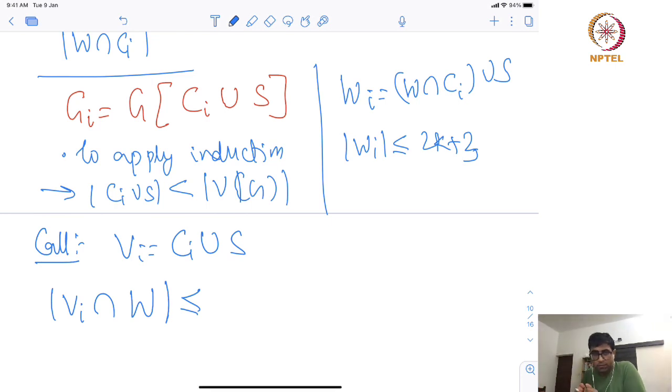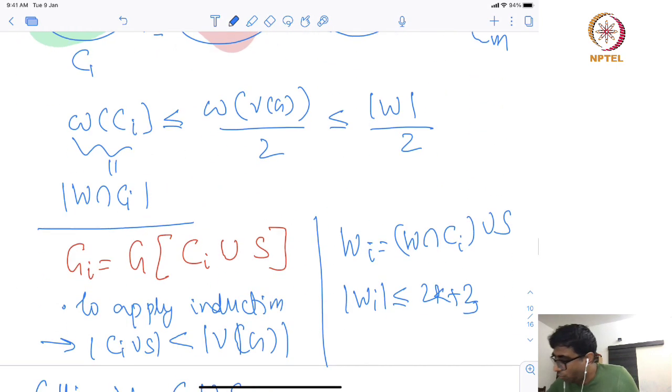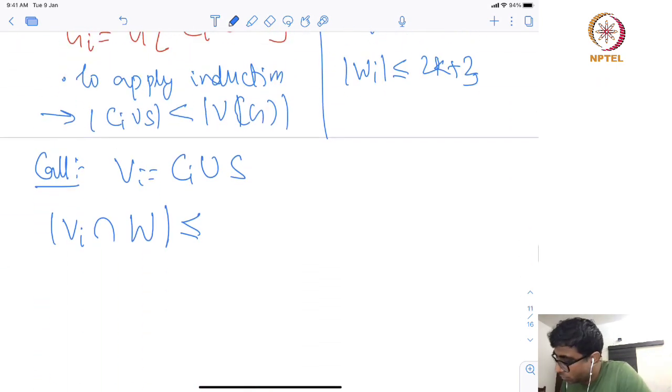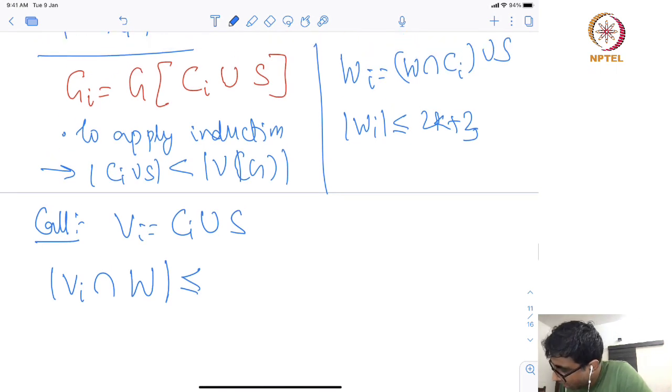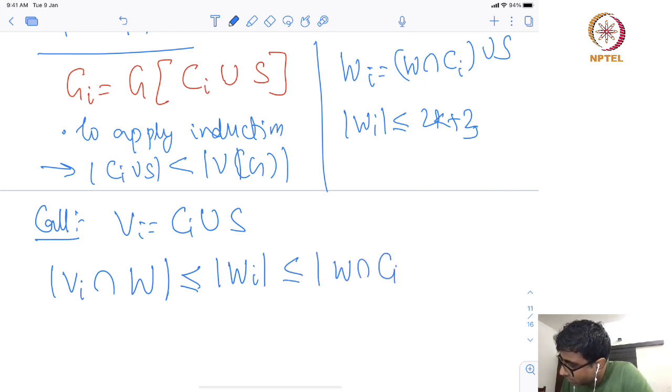Where could W lie? W is going to be either here, or it is going to be contained inside S in this portion of the graph. Which implies that Vi intersection W, which is Wi, is upper bounded by W intersection Ci plus the cardinality of S.